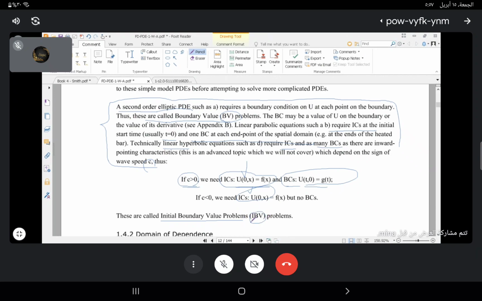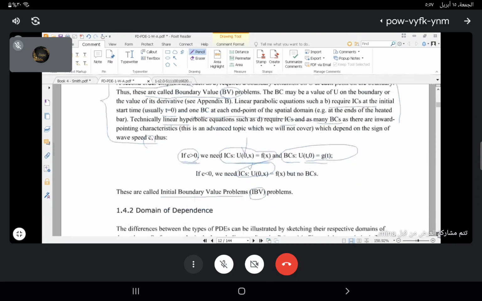But in the second case, where we have no boundary condition, the problem is called an initial value problem, or IVP.